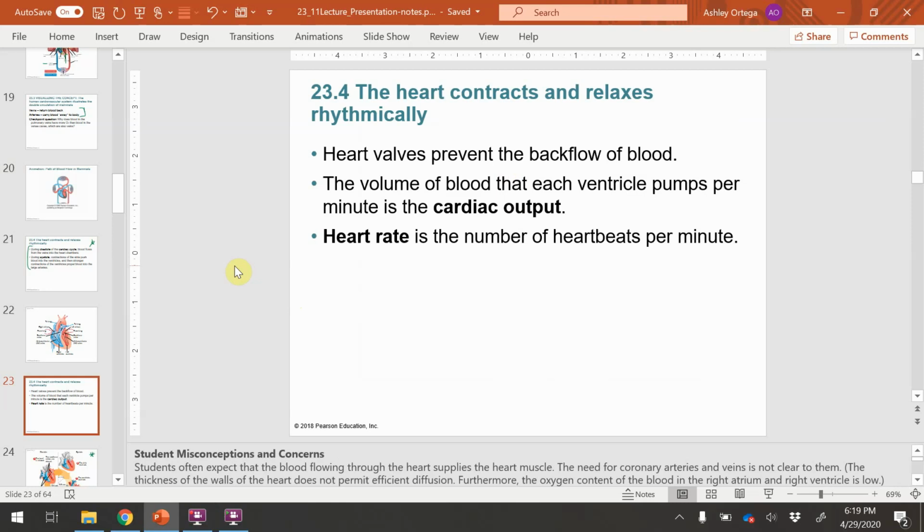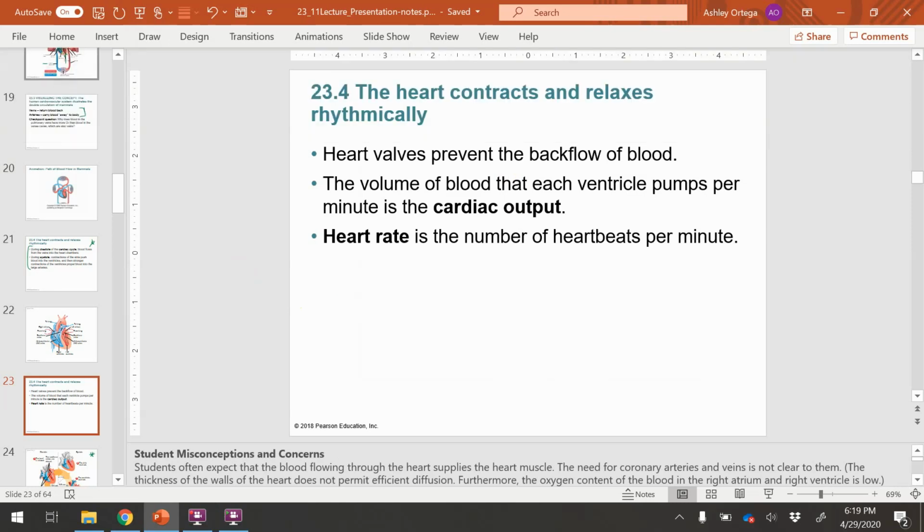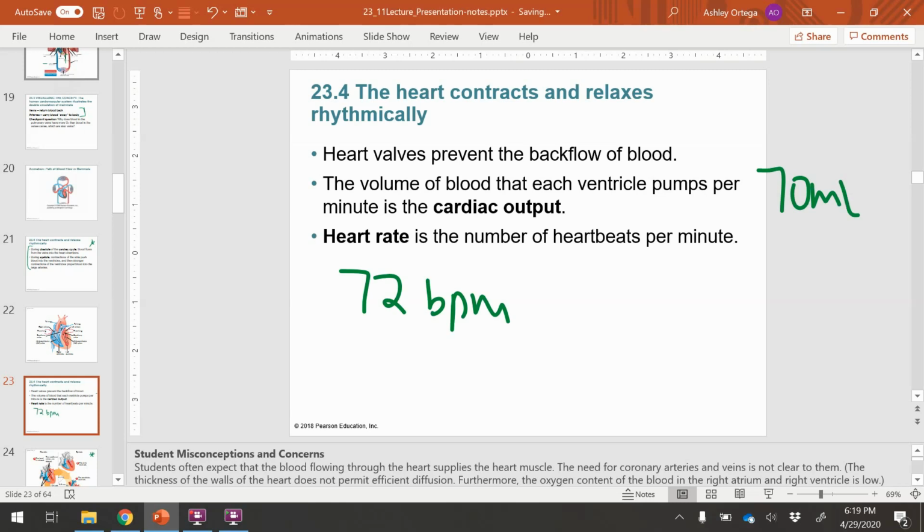For the average person, it is 72 beats per minute, or BPM for short, and the volume of blood that each ventricle pumps per minute is about 70 milliliters. This is just for your factual purposes, not for studying purposes, these numbers here.